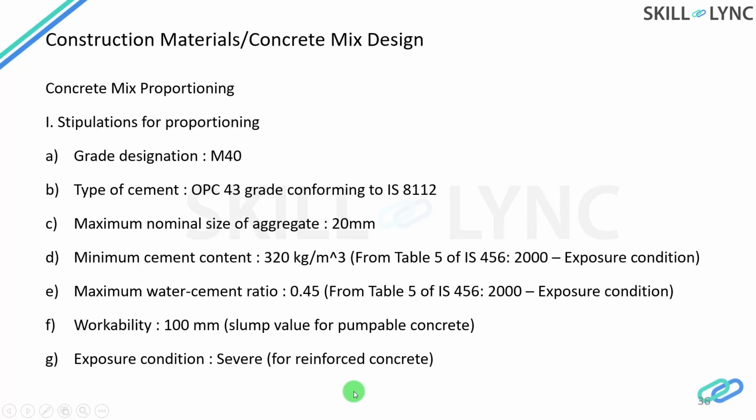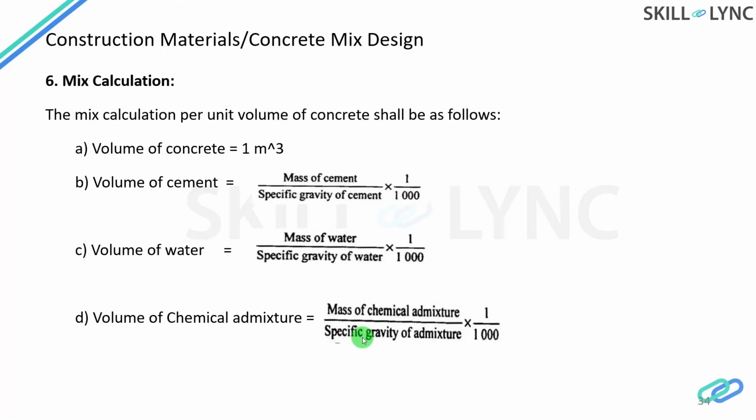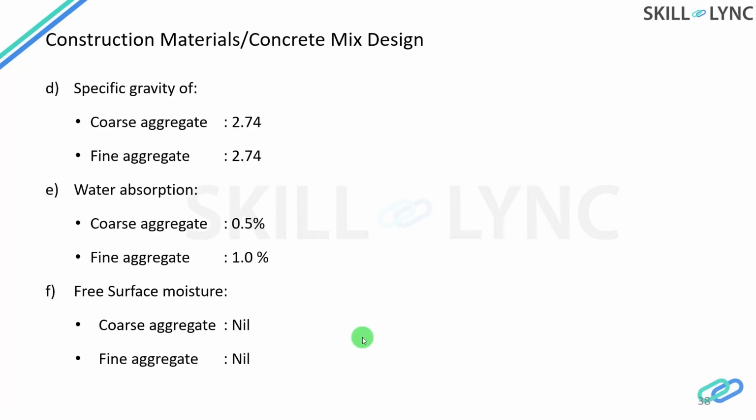So I will show you simultaneously, I think you will get clarity. For 20 mm size of aggregate, it is 186 kg, the maximum water content. So it is 186 liters; we are changing the units from kg to liters.